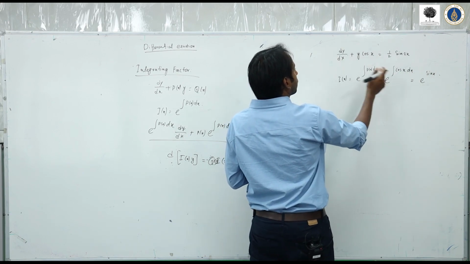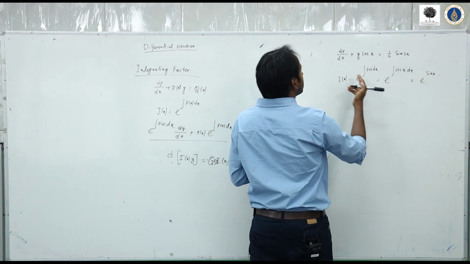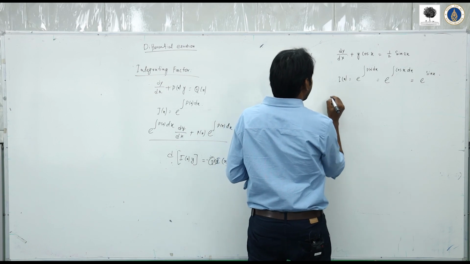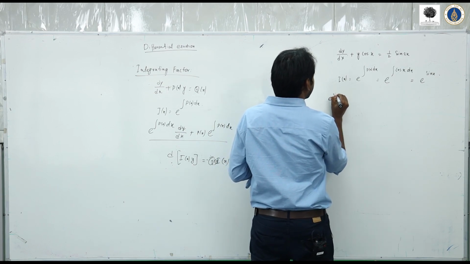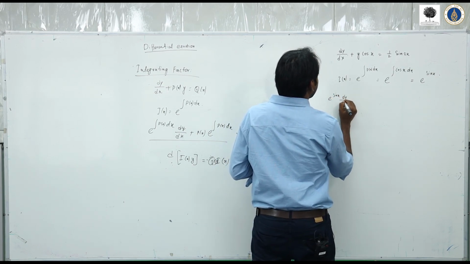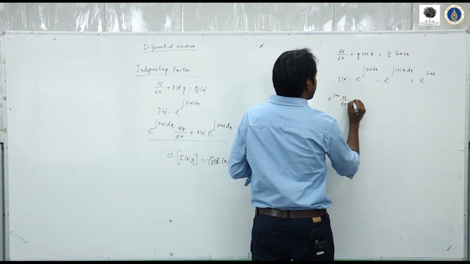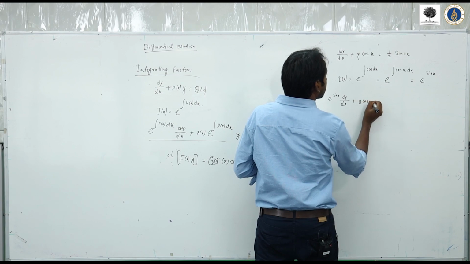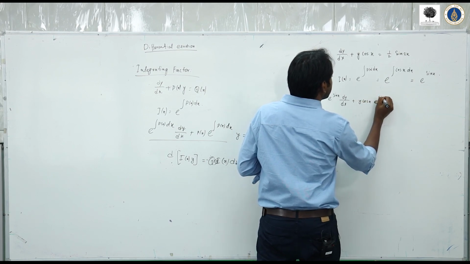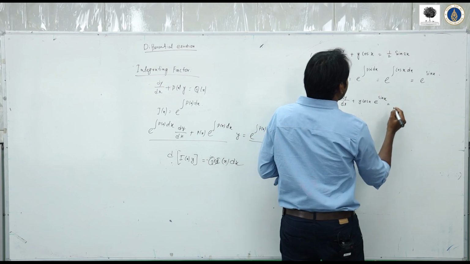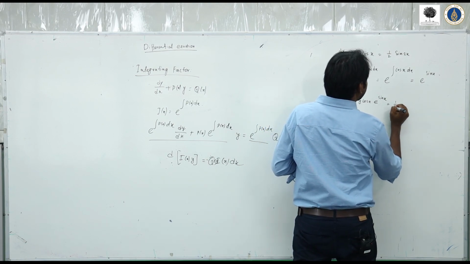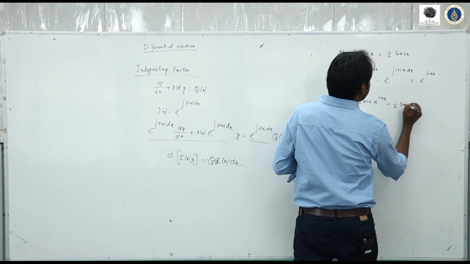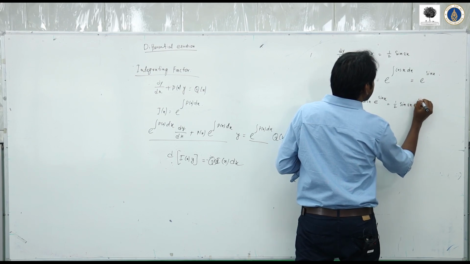So now you find this factor and multiply both sides with e to the power sine x: e to the power sine x dy by dx plus y cos x e to the power sine x equal to half sine 2x e to the power sine x.